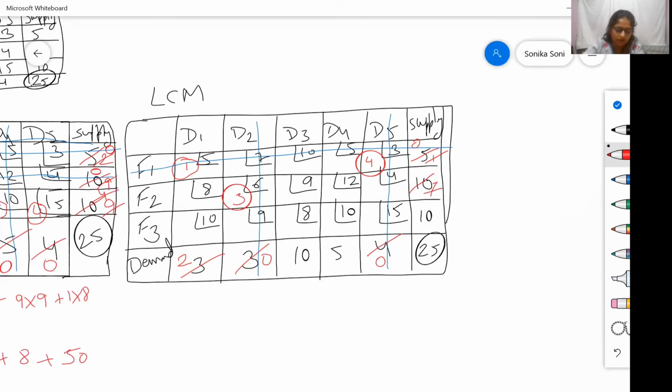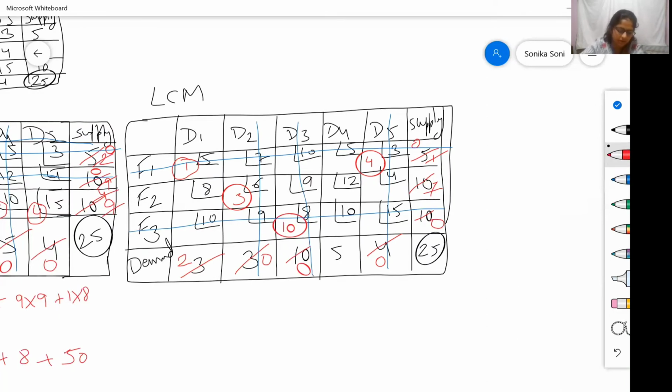In F3D3 we can allocate the full 10. So we will allocate 10 here, and demand and supply both become 0. So we cancel out the F3 row as well as the D3 column.